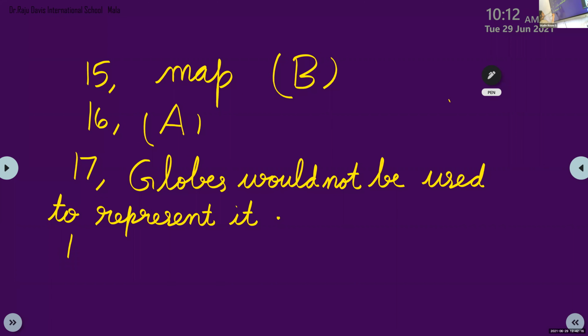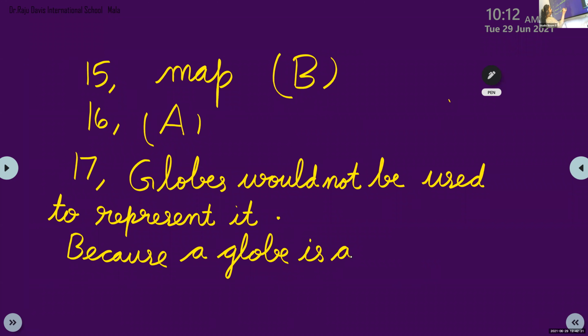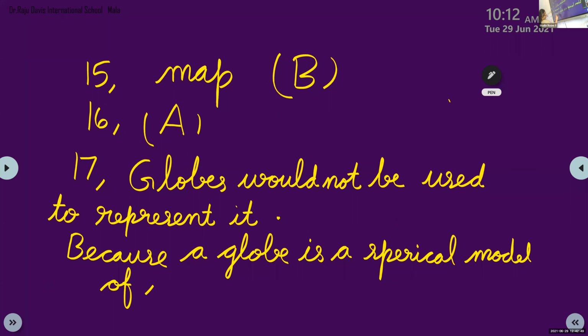Because a globe is a spherical model of the earth. Model of the earth.